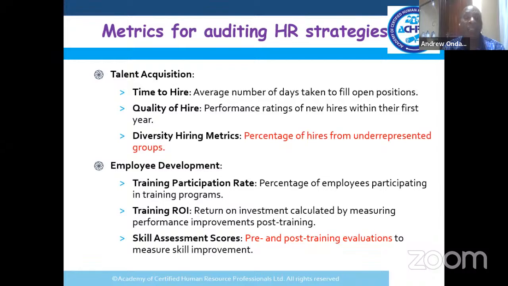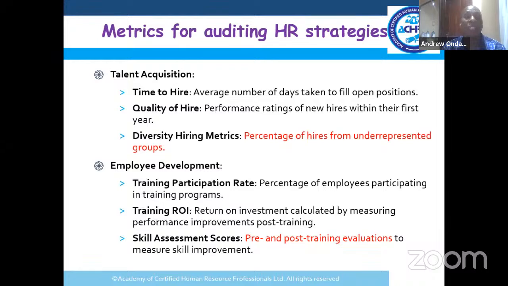For new hires, you conduct what they call probation. During probation, you are likely to tell the kind of people that you had hired through this process. This will be based on what they do, how they do it, and where. So you will be measuring performance during probation.